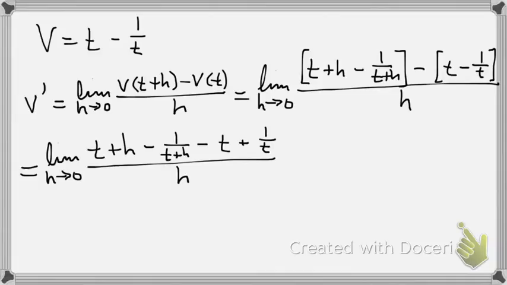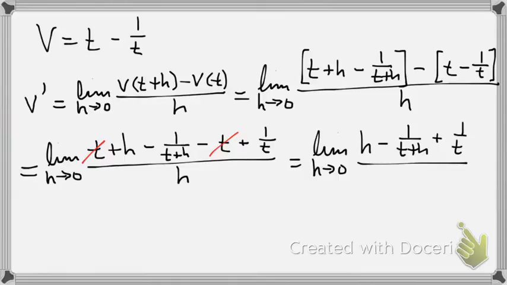And what happens? We are able to cancel t minus t. So we have the limit as h approaches 0, h minus 1 over t plus h plus 1 over t all over h. What is my strategy here?